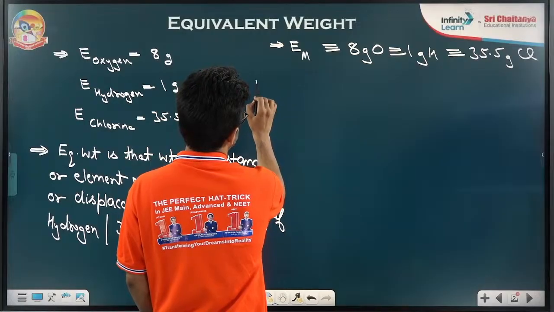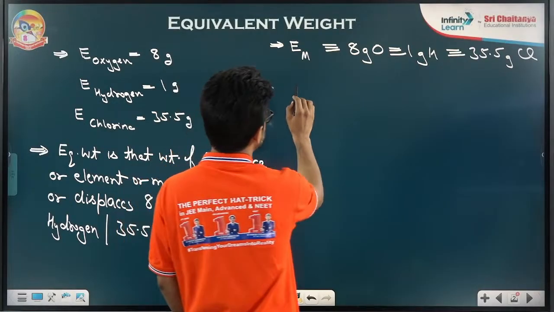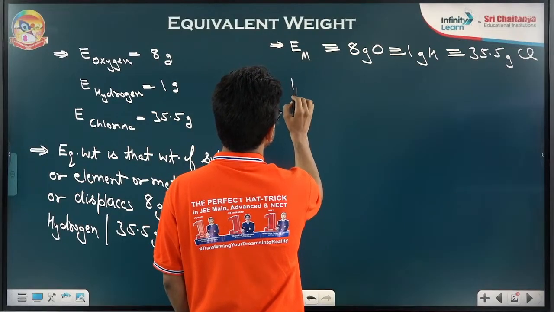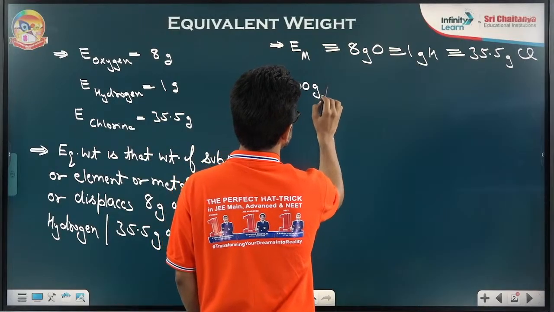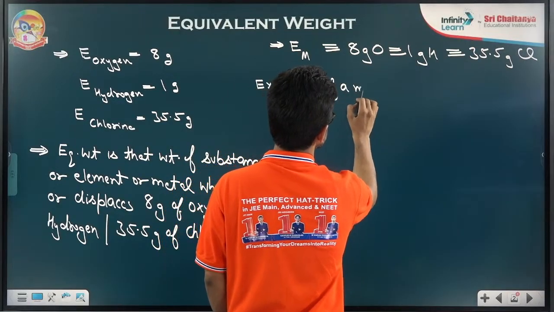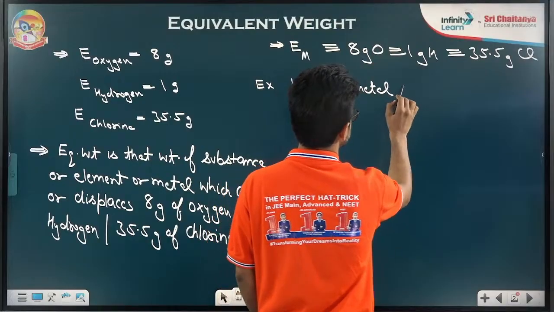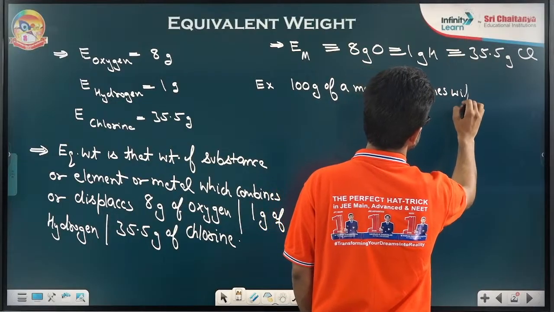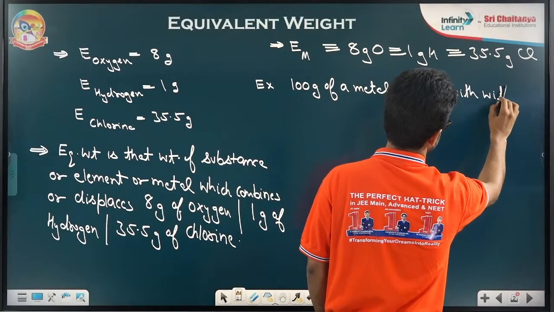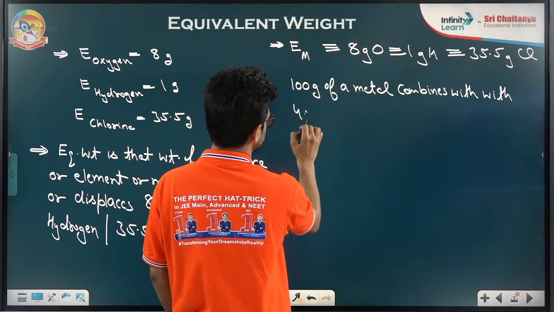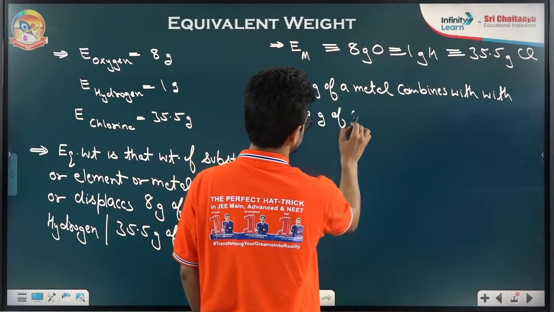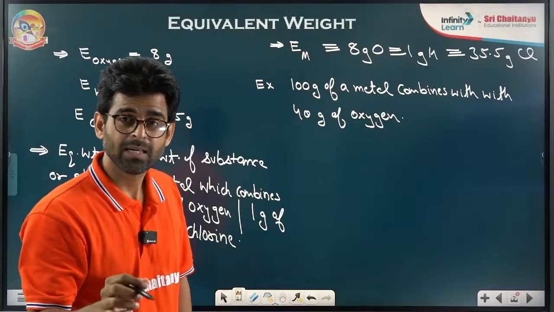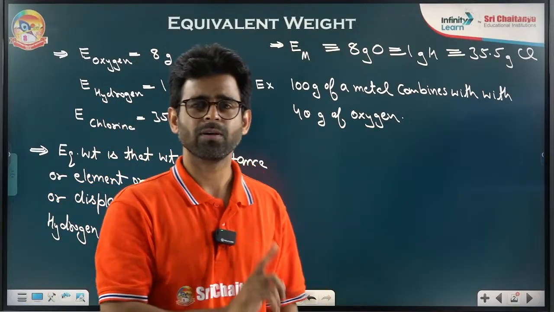The first example I'm taking: 100 gram of a metal combines with 40 gram of oxygen, right?